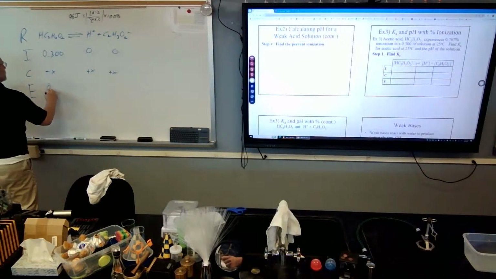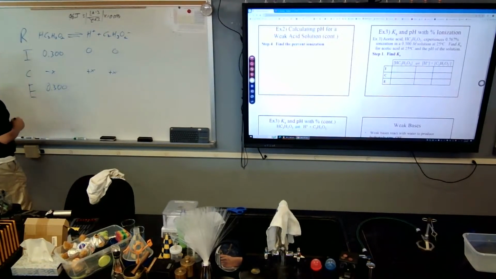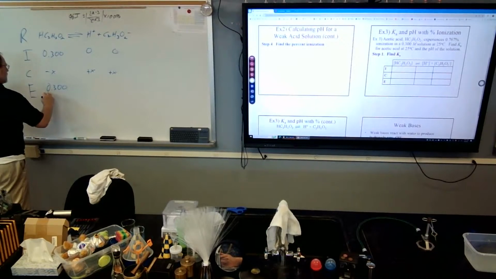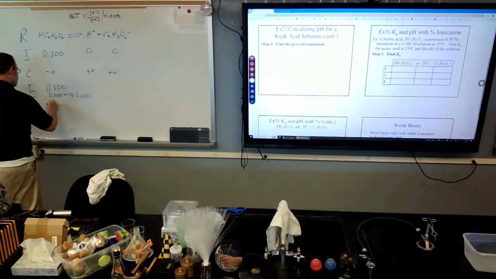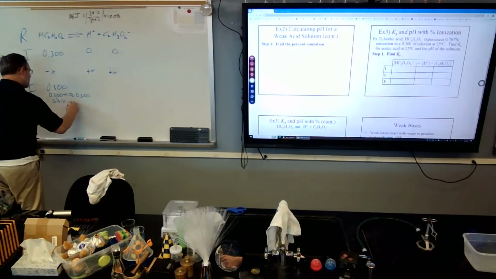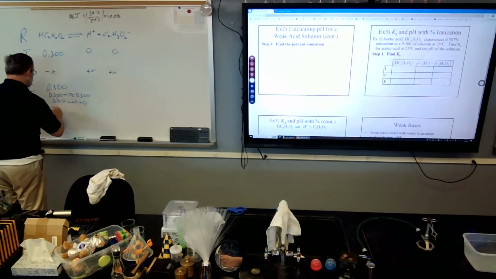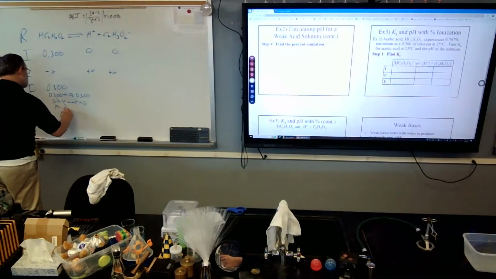This is also going to be 0.300, because the 0.300 minus x is effectively 0.300, since it's a weak acid.